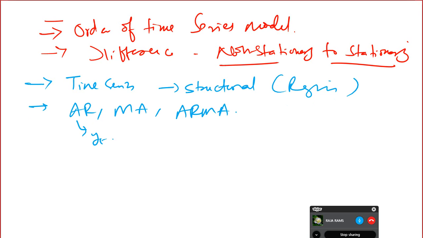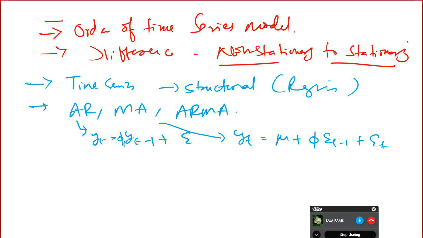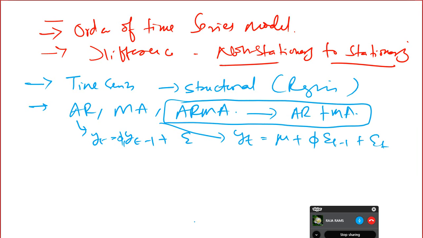AR is just Yt equal to Yt minus 1 plus an error term, and MA is Yt as a linear combination of the error terms, et minus 1 plus et, where ARMA is a combination of AR plus MA. That's what we have learned so far.